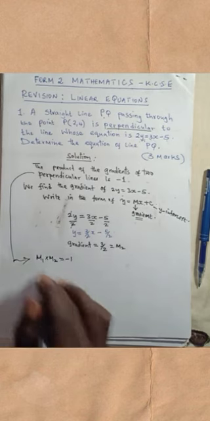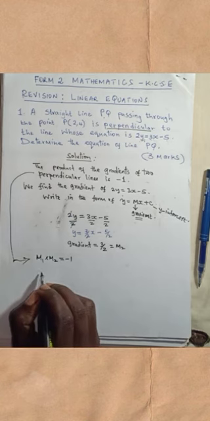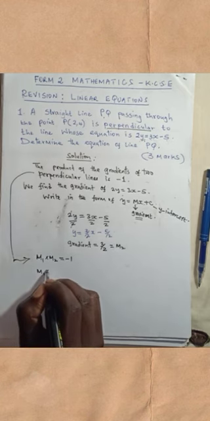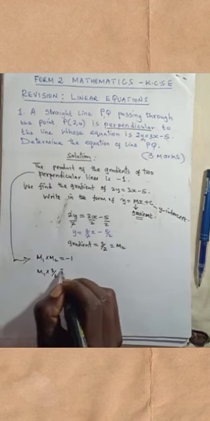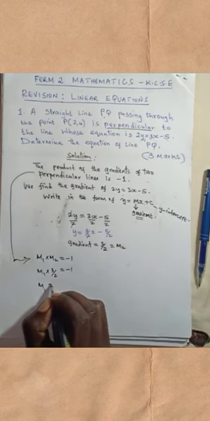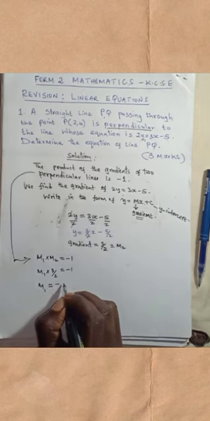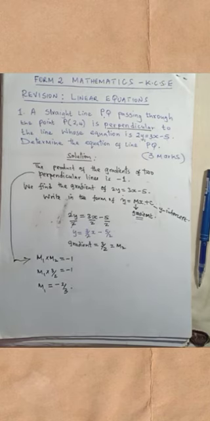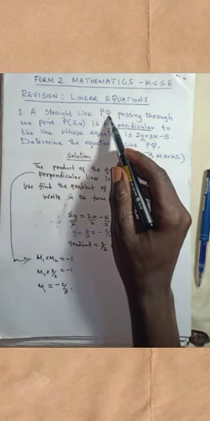So m1 multiplied by 3/2 is -1, and therefore m1, the gradient of PQ, is equal to -2/3. That will be the gradient of PQ.